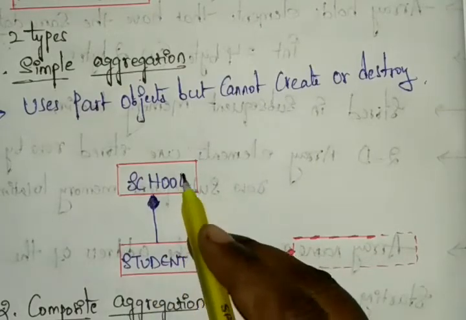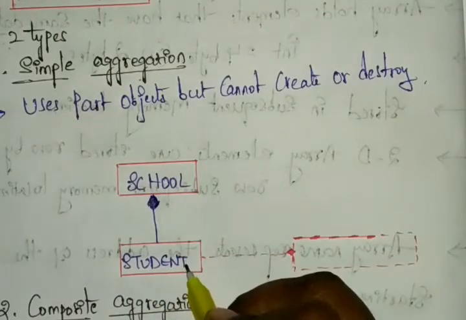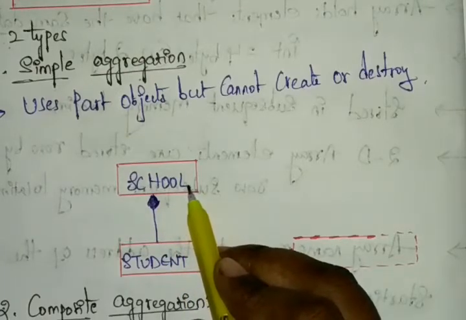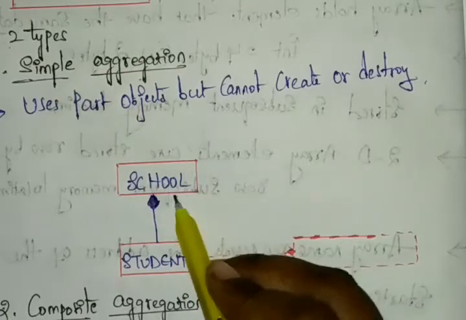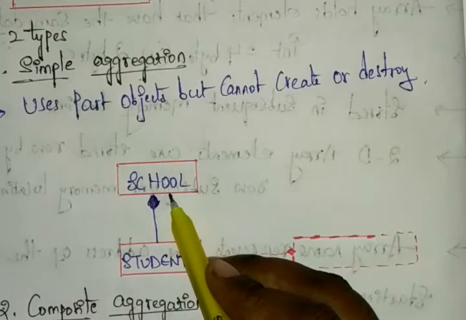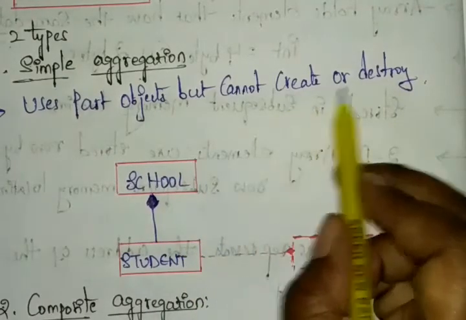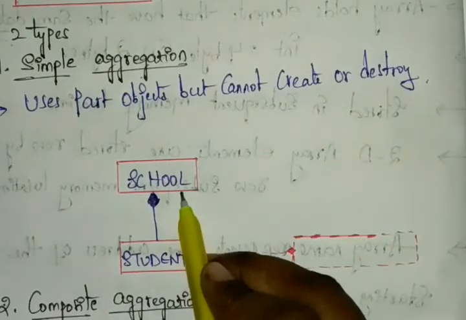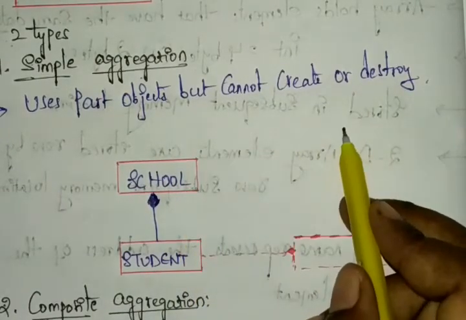These two have one relationship. This school object cannot create or destroy the students, right? Can they create or destroy? No, they cannot perform any creation and they cannot destroy anything.